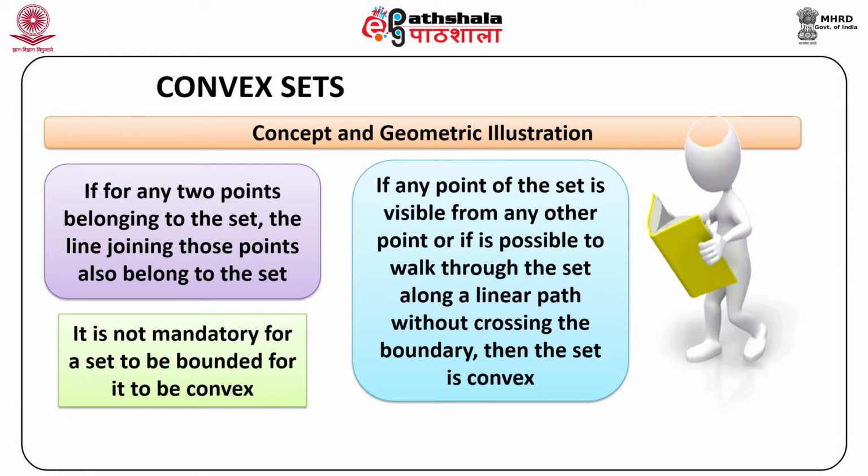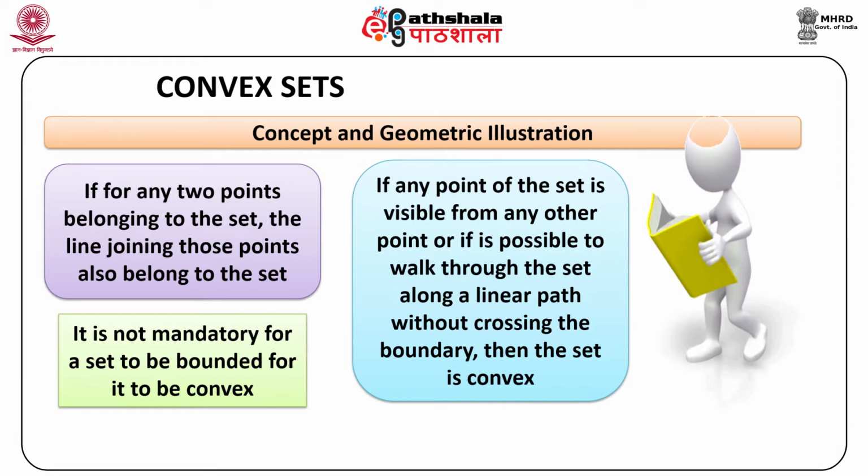A set S defined over the vector space Rn is said to be convex if for any two points belonging to the set, the line joining those points also belongs to the set. One way of visualizing a convex set is to assume a boundary of the set.